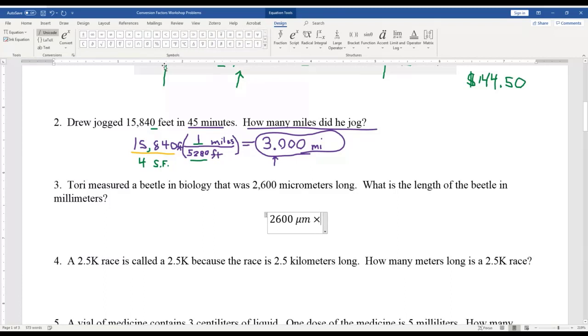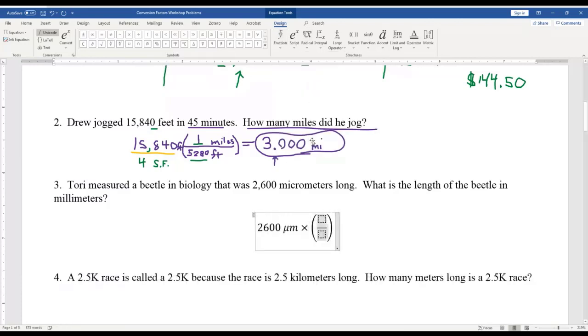I'm going to go ahead and multiply by a conversion factor. The unit that's going to have to go on the bottom is going to be my micrometer unit. What am I going to put on top? What can I convert micrometers to? Millimeter, you might want to go ahead and try to convert micrometers to millimeters, but the problem is I don't know what the relationship is between them.